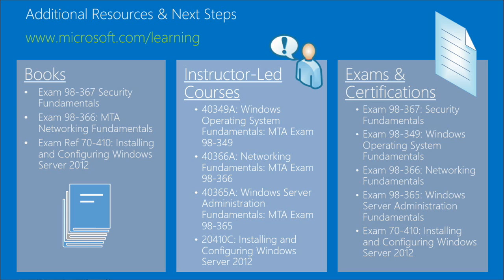Again, to revisit what I talked about in the prerequisites, a lot of the things here you saw in the prerequisites. It really just depends on the order in which you're doing these courses. So some of these you may have already done at this point if you're watching this one. Some of you may not. I included at the bottom of the instructor-led and exams 20410, Installing and Configuring Windows Server 2012, and exam 70-410.